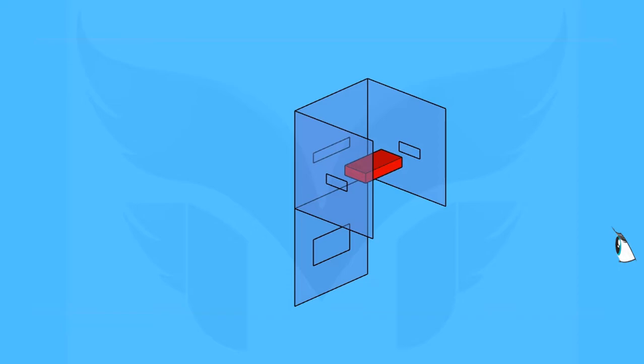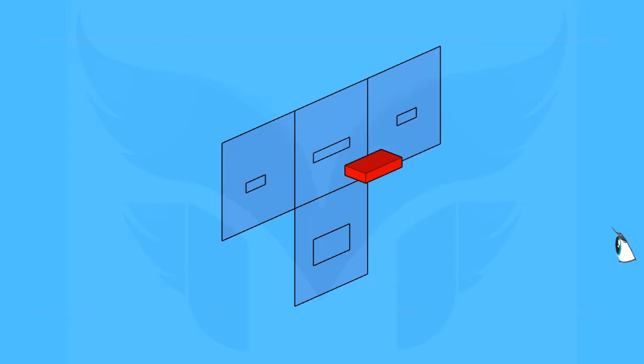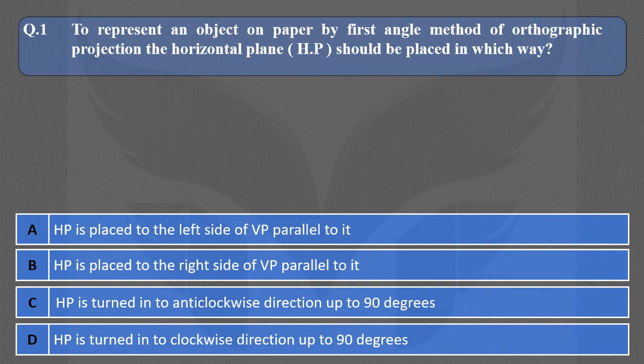The profile planes also turn outward by 90 degrees, like this and this. Now we can see all planes are on a single plane. So now we can choose the correct option, and it is D. HP is turned in the clockwise direction up to 90 degrees.